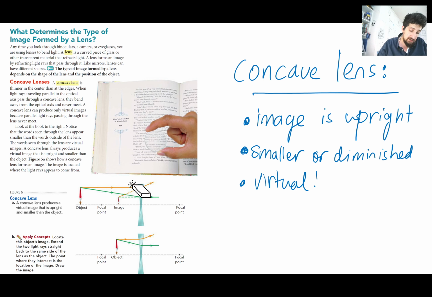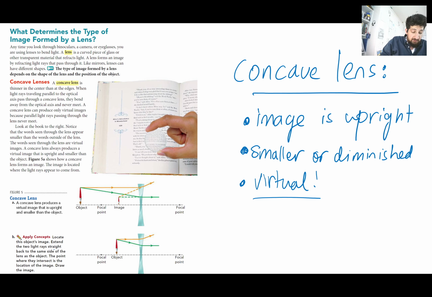So rather than seeing the rays come from here, your brain is tricked into thinking that they've come from here, and so the image forms somewhere around here. But it's a virtual image. It's only in your head, so it's virtual. It's not real. Okay.